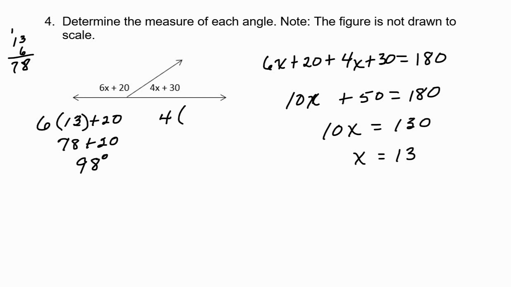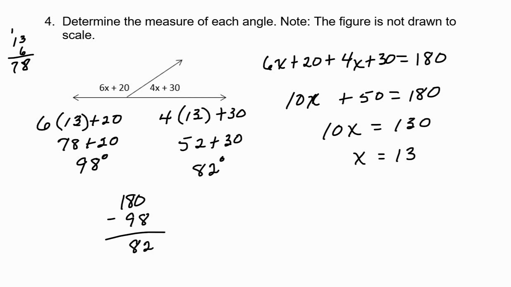I could multiply 4 times 13 and add 30, which is going to be 52 plus 30, which is 82. Or the other way to do this, since I know that they add up to be 180, is to take 180 and subtract the 98 and get 82. So either way, I get 82 degrees for the measure of that second angle.